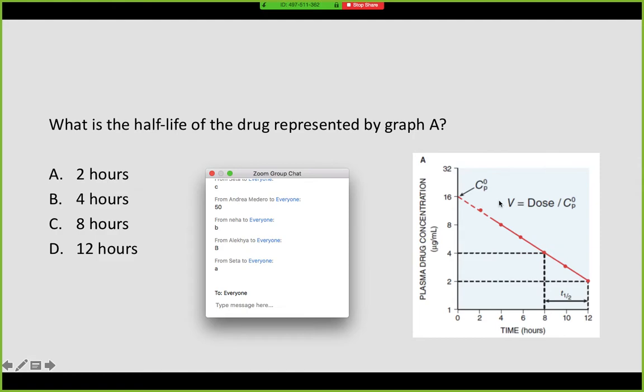Right, B. So all you need to do is look at the y-axis. How long does it take to get from either 8 to 4 or 4 to 2? So from 4 to 2, here's 4 is 8 hours to 2 is 12 hours, so 4 hours. So a half-life of 4 hours.